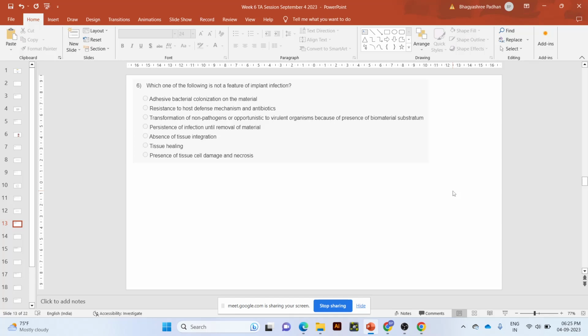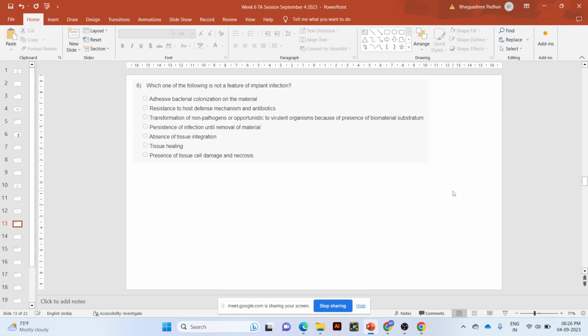The bacteria form a biofilm over the implant, and this biofilm is very strong and it prevents the immune cells from passing through as well as the antibiotics from interacting and entering the site. That is how it gives more resistance to the host defense mechanisms.